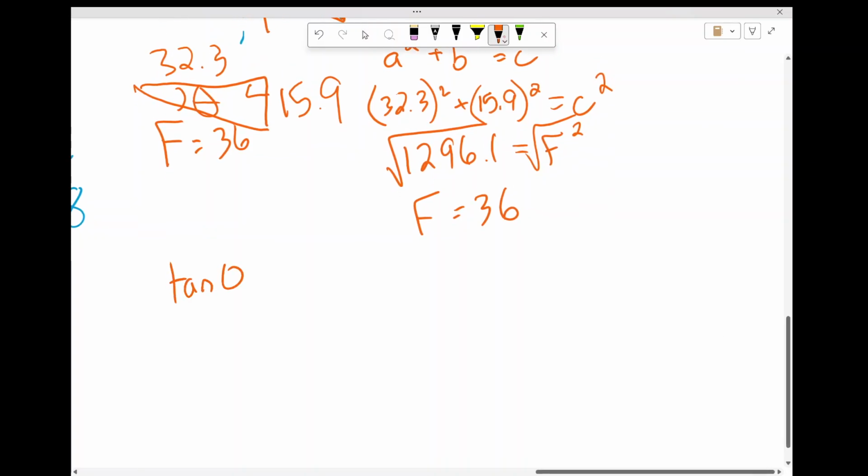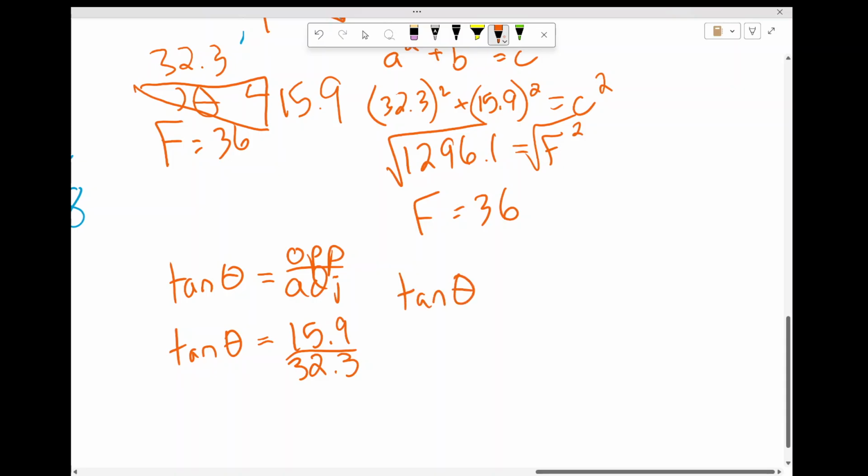And then for the angle, we can go ahead and use tangent again. So tan theta is opposite over adjacent. Our opposite side is 15.9, and our adjacent side is 32.3.